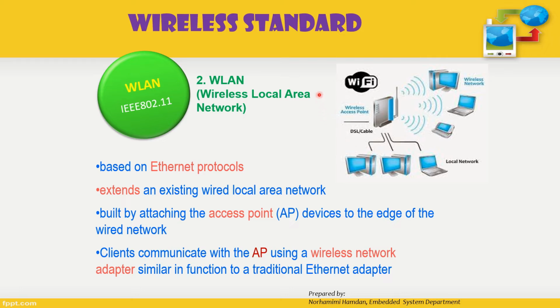So we have a LAN connection, wired. LAN means wired, we have a wired local area network. So we use a device named an access point, and then we connect it to the wired LAN access network.